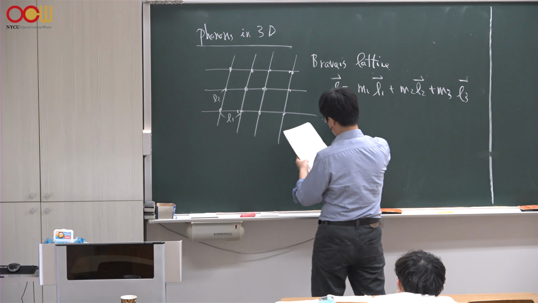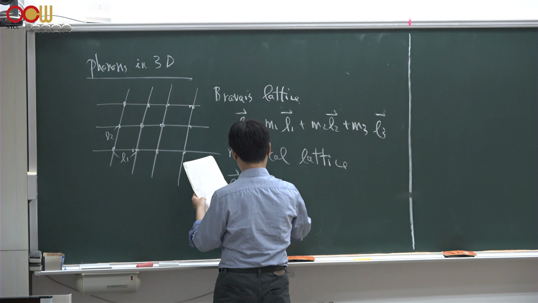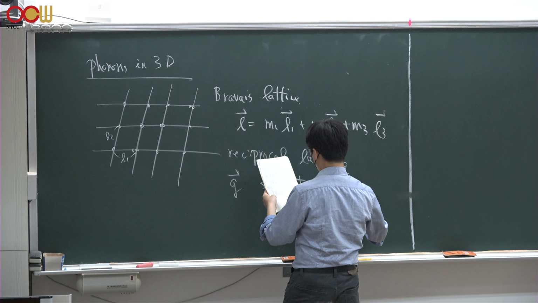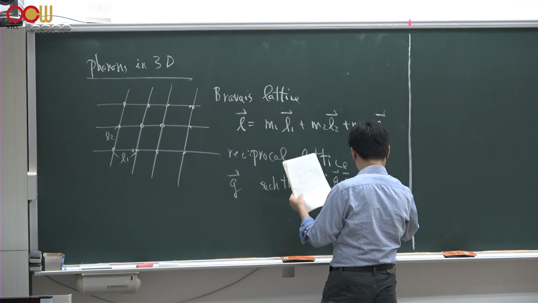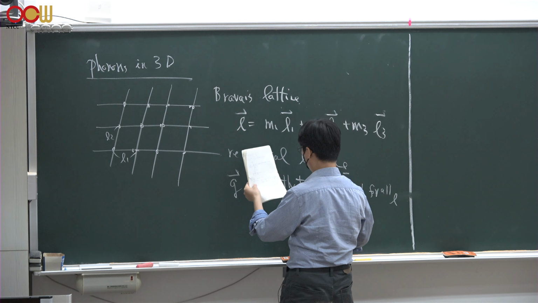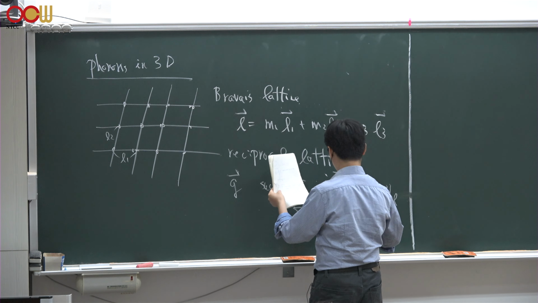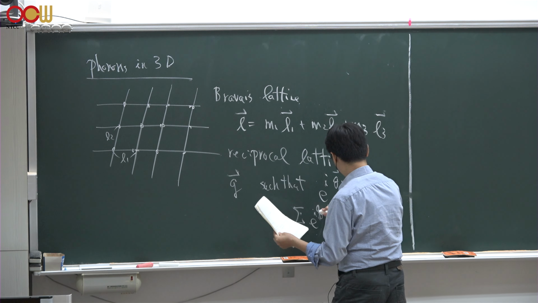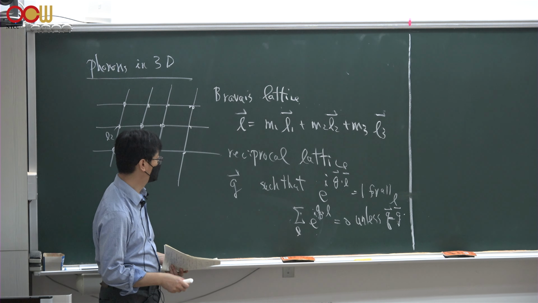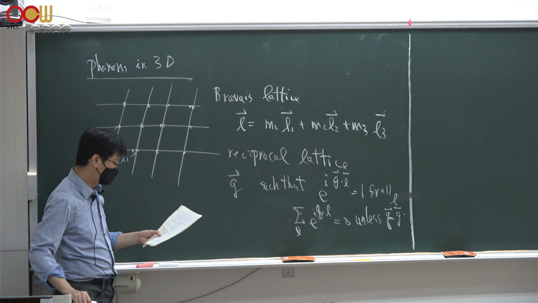You can also define the reciprocal lattice vector, G, such that e to the i G dot L is 1 for all L. And the sum over L of e to the i Q dot L is 0 unless Q is the same as G. Okay, so in other words, this reciprocal lattice vector is actually the so-called inverse of your lattice vector.